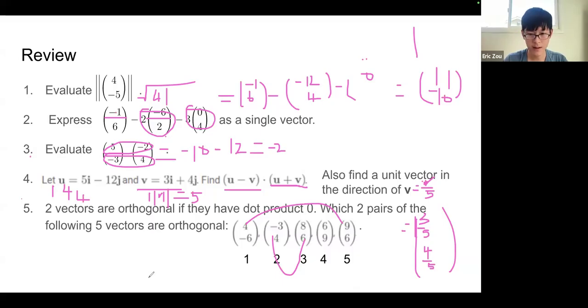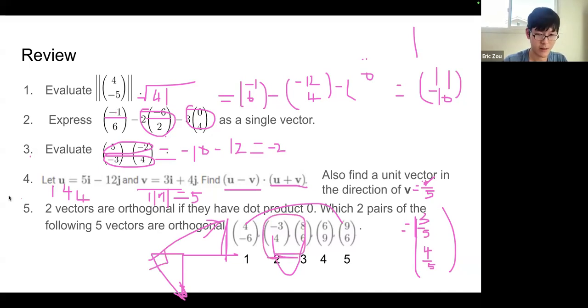So if you plot out 4, -6, maybe it's like this. And we have 9, 6, maybe something like that. If you plot these two vectors together, we actually get a right angle over here. Same for these two. It's another geometric interpretation of this result.